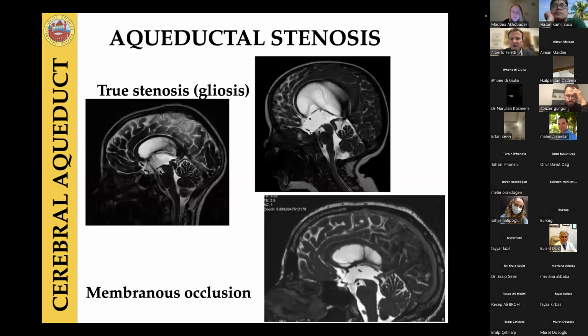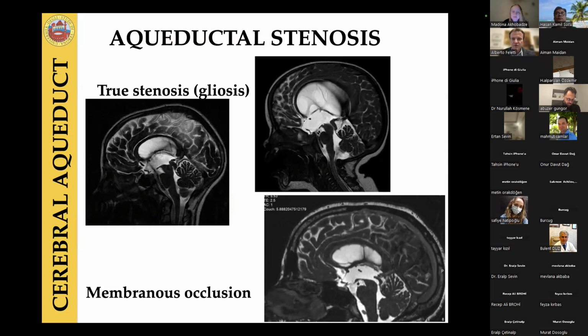But we have to be very careful in these patients. We have to distinguish a true stenosis situation from a membranous occlusion of the cerebral aqueduct. Why? Because in the case of a membranous obstruction, it is quite safe to fenestrate the membranous obstruction and fix the patient's problem.